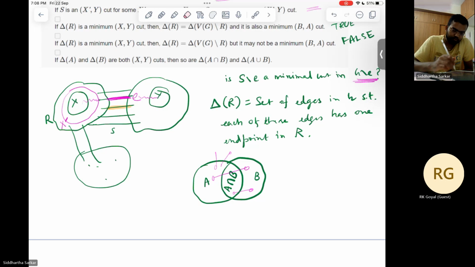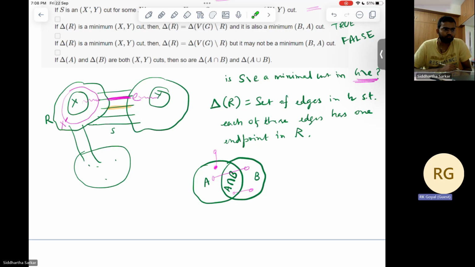This is not required. So three types of edges are possible that are going out of A, right? One is its endpoint is in A minus B. This one. So this part is A minus B, this part is A intersection B, and this part is B minus A.